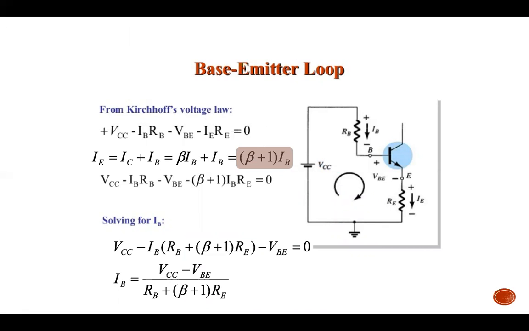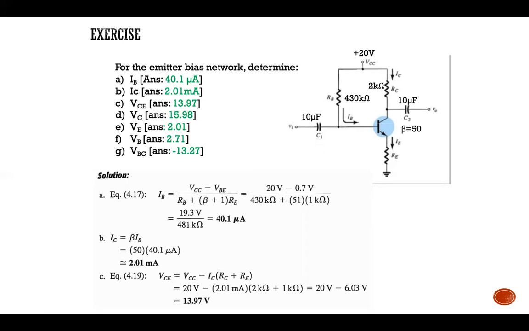So you will get 40.1 microampere. For IC, you just use the formula: IC equals beta IB, and you should get 2.01 milliampere.